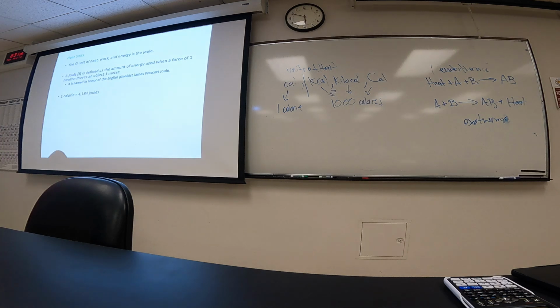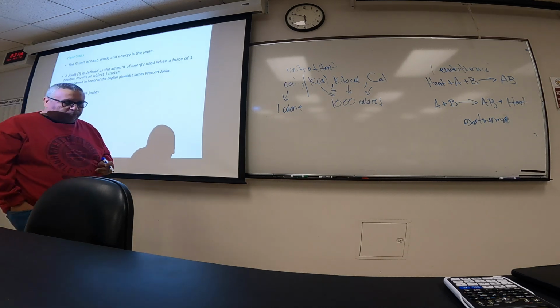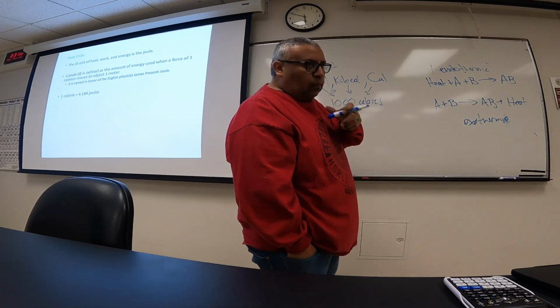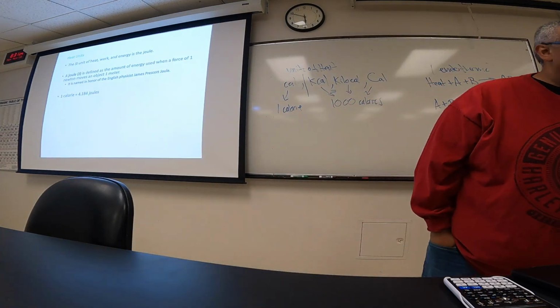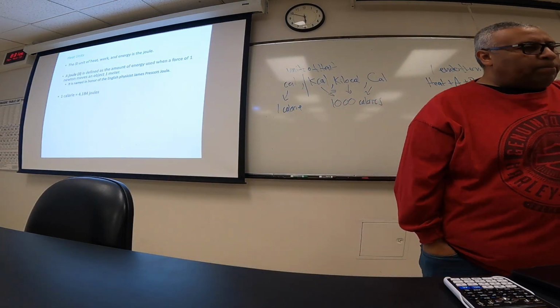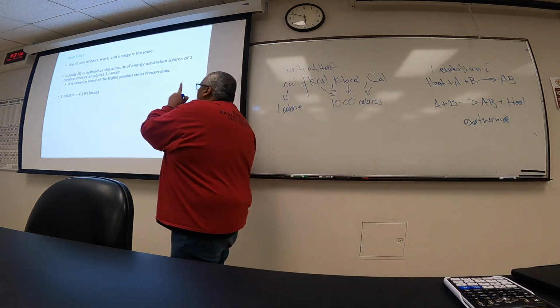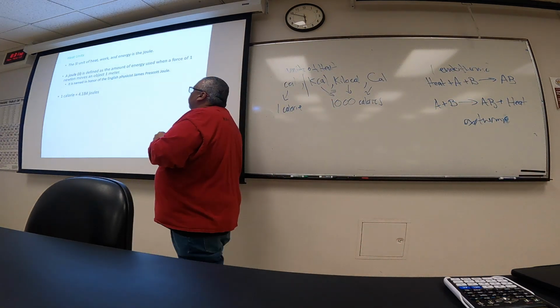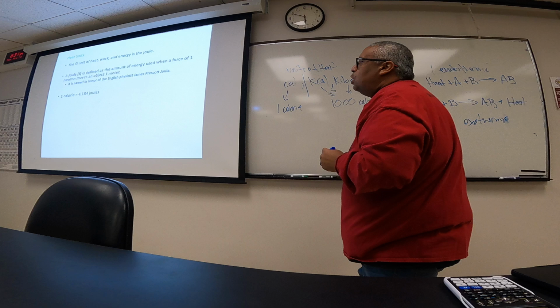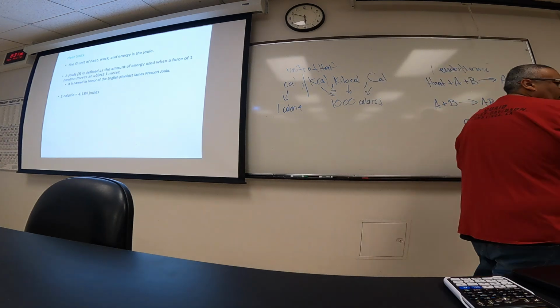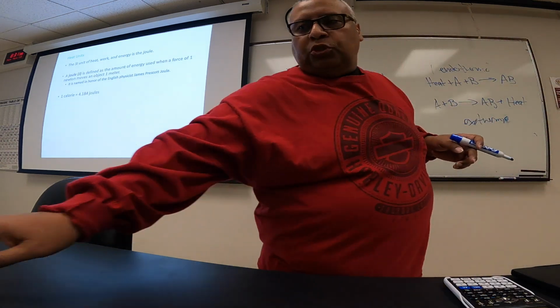Now, the SI unit for heat we use is what we call the joule. We've already used joules in calculation before, and it is defined as the amount of energy used when a force of 1 Newton moves an object 1 meter. And we have this definition here: 1 calorie equals 4.184 joules.